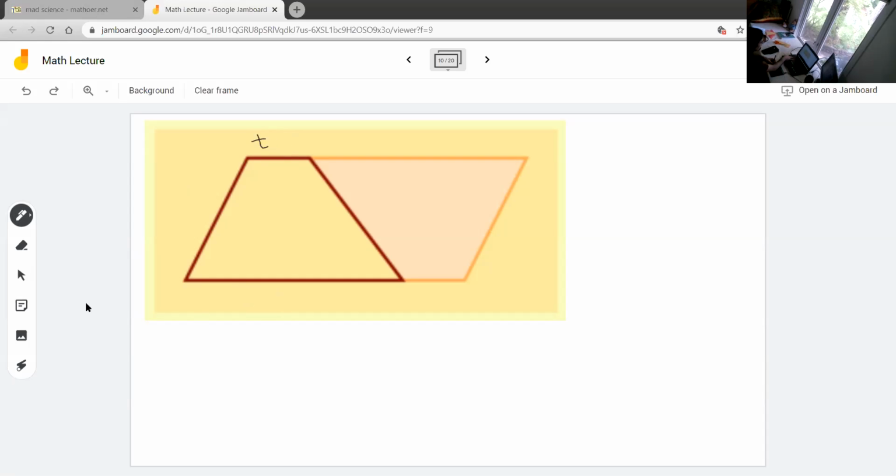Actually, let me label them in red, because what I am labeling is only the red one's top, which goes from here to here, right? And I have a bottom, and by bottom I only mean the red bottom. It stops right there. And then I have a height.